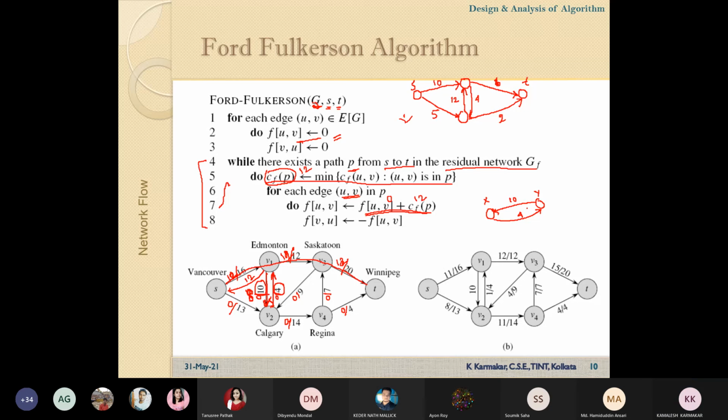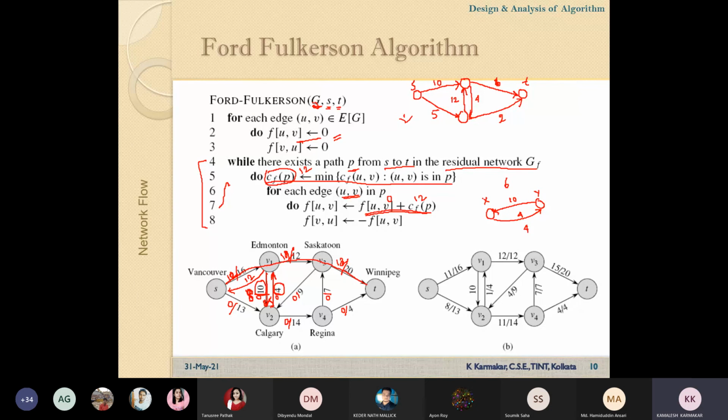Say this is number of pens, so Y is sending 10 pens to X, and X can send 4 pens to Y. Now, if X is receiving something from Y and X wants to share something to Y, then X may say that you don't need to send 6 unit, because X is sending 4 unit, utilizing the whole link, and Y is sending 6 units out of 10 capacity.